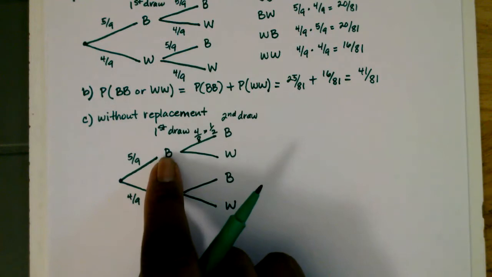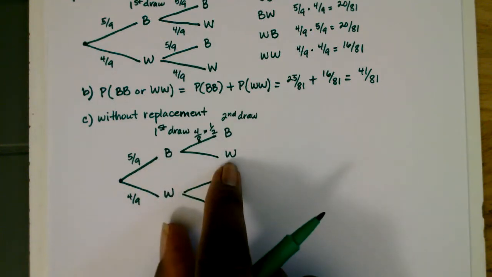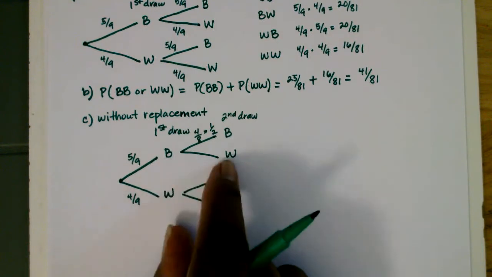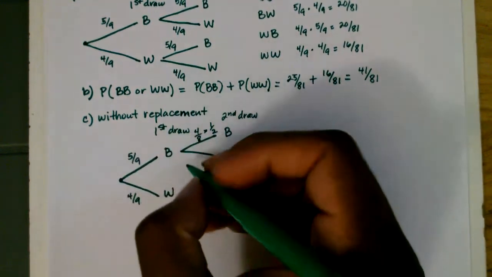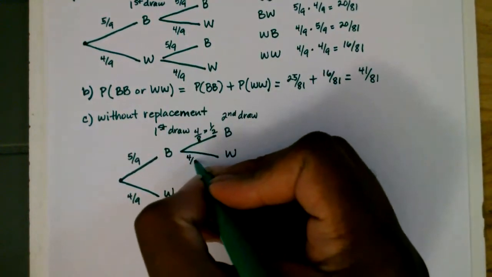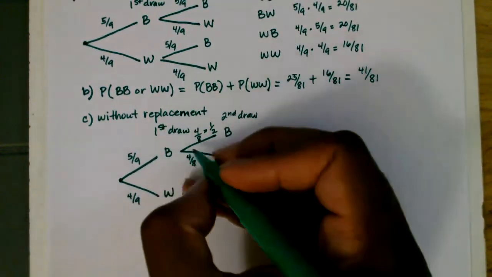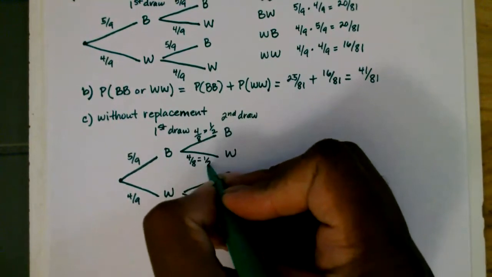Now, if the first ball was black and then the second ball was white, you're going to have still 4 white balls since the first ball was black, over 8 total. So that probability of selecting a white ball on the second draw would be 4/8 or 1/2.